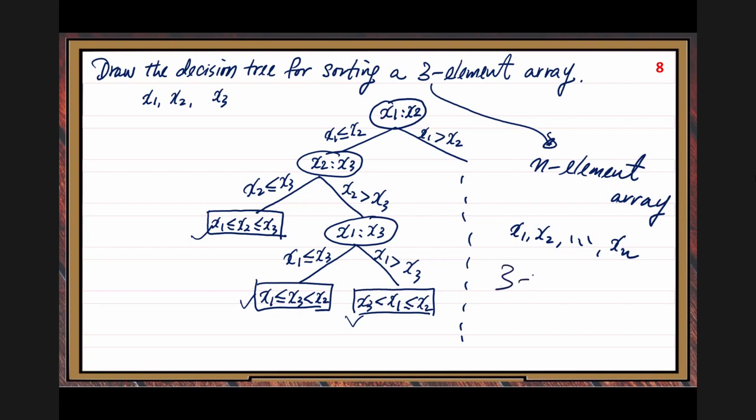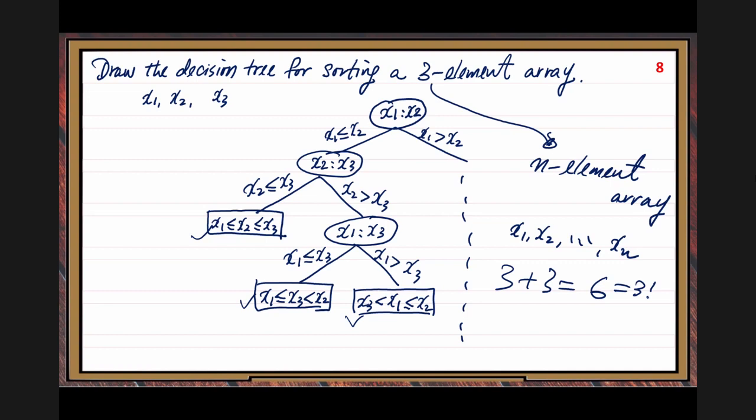Total 3 plus 3, 6 different sorting results, right? For 3, we have 6 different sortings. Is it 3 factorial? All different possible sorting results.